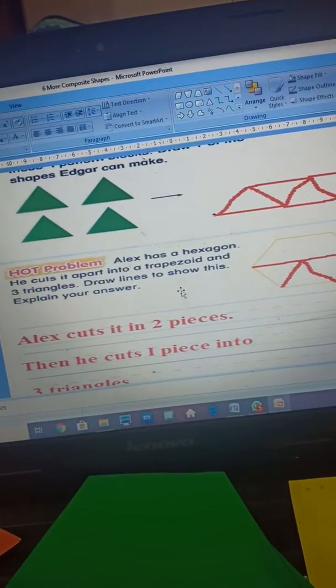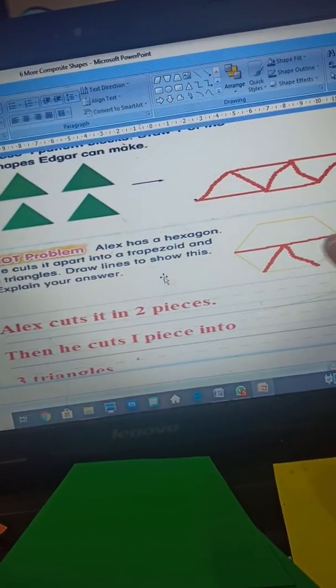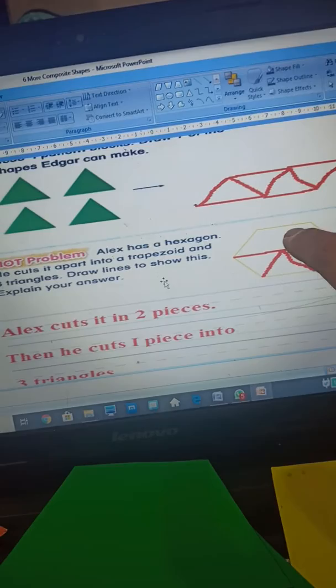This is a hexagon. He cuts it into a trapezoid. The trapezoid is on the up and the 3 triangles are here at the down. So for Alex, he used a trapezoid and 3 triangles to make a composite shape like a hexagon.